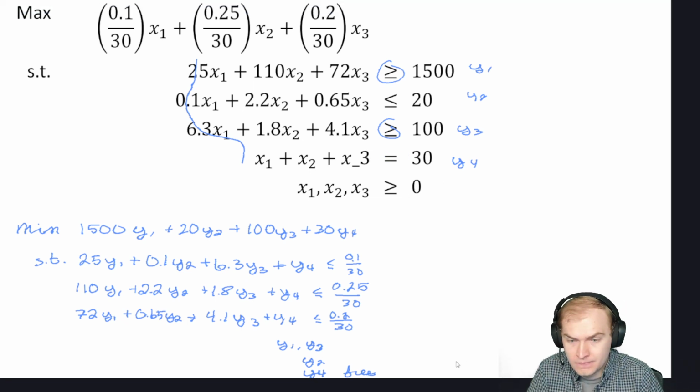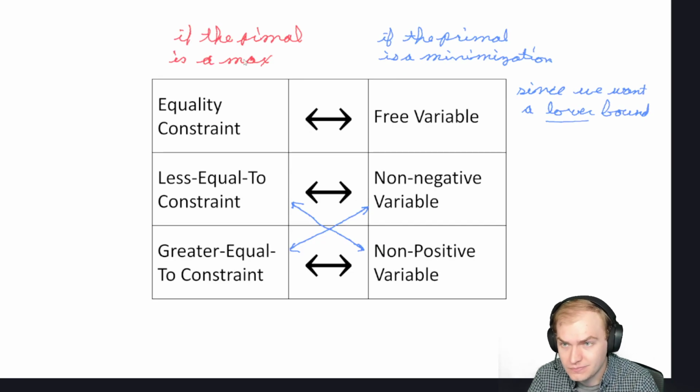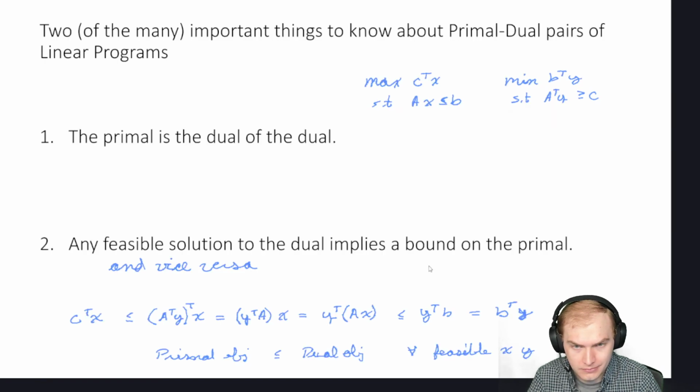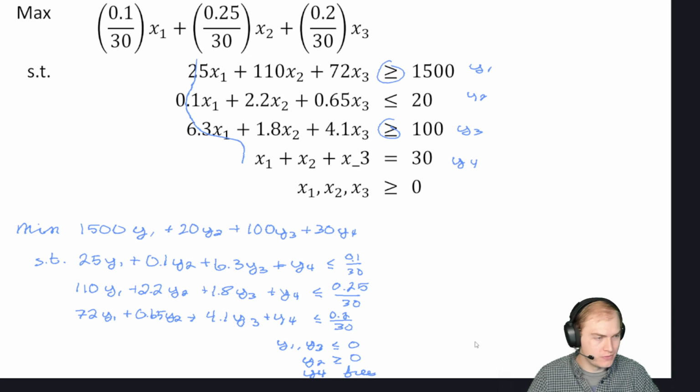And these are both in relation to 0. So our y1 row is a greater than or equal to. So we come back to our chart. Maximization problem, greater than or equal to constraint, non-positive variable. So it should be non-positive, and this should be non-negative because it has the opposite, and y4 is free. And that is our dual to the Soylent Green problem.